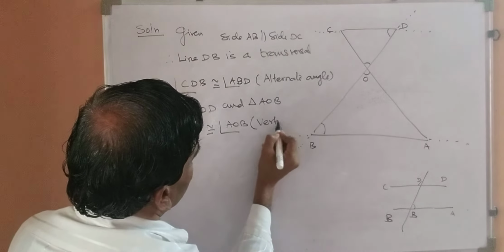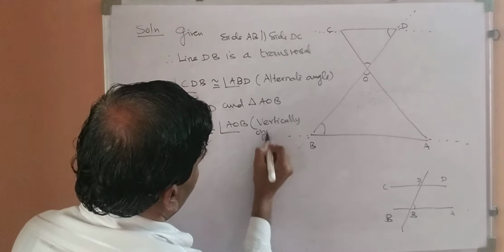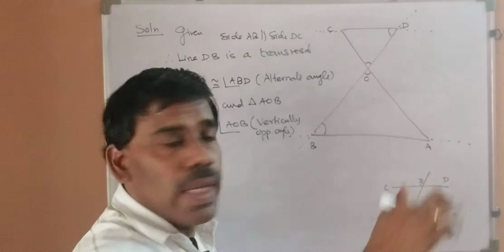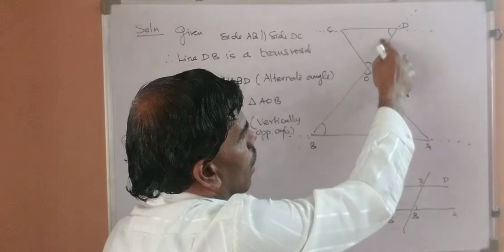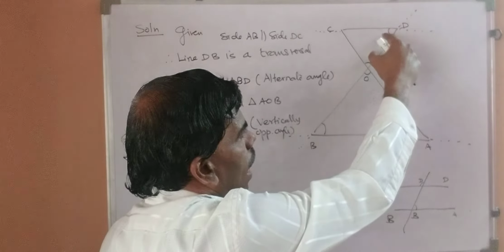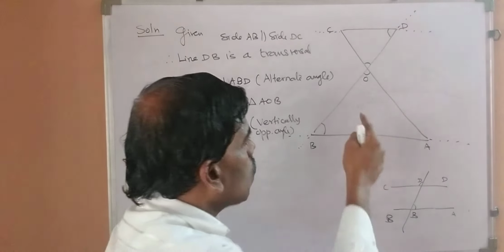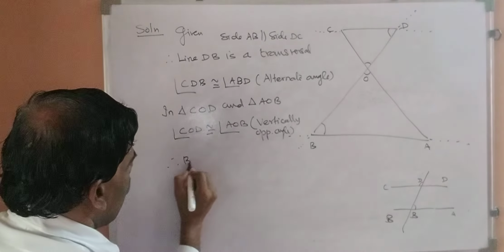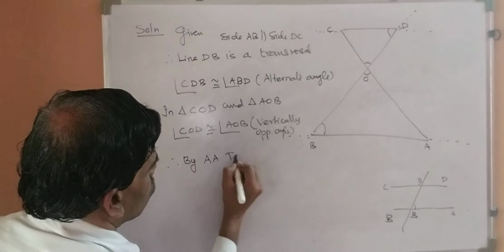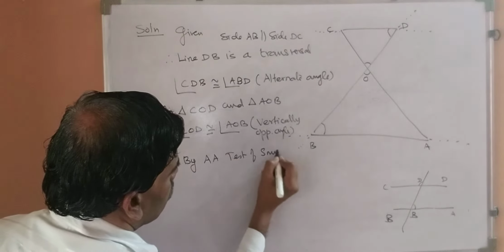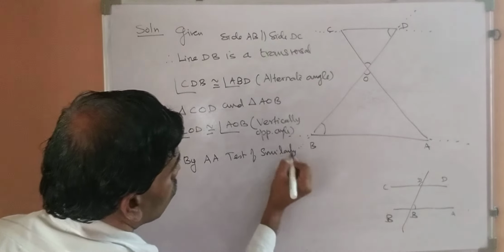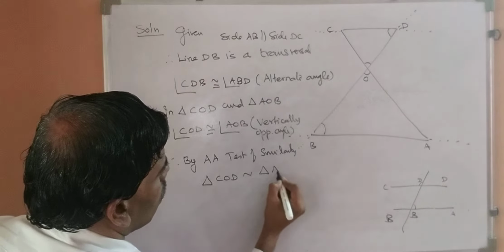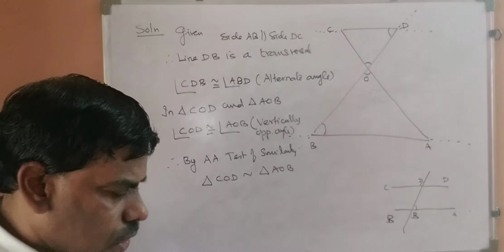Reason: vertically opposite angles. Now look at this. Angle of one triangle is congruent to angle of the second triangle. Therefore, by AA test of similarity, triangle COD is similar to triangle AOB. That's all.